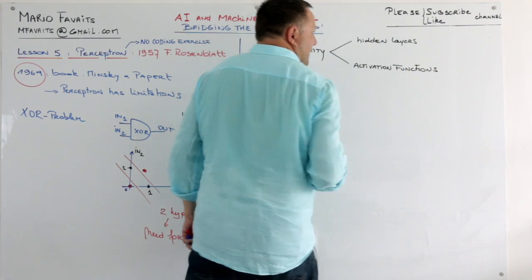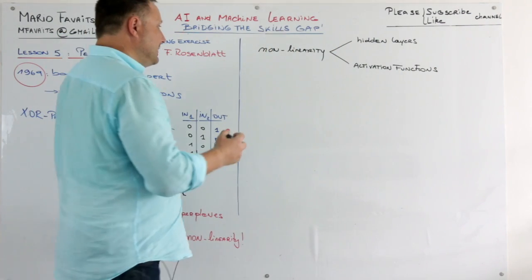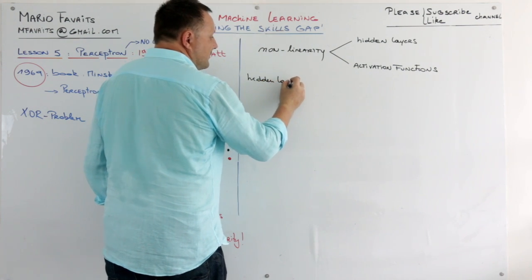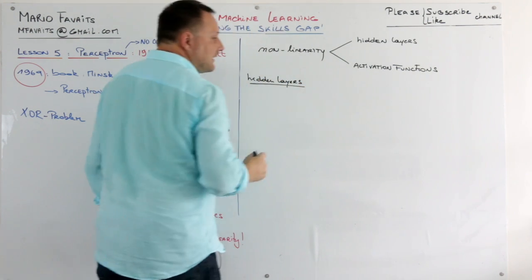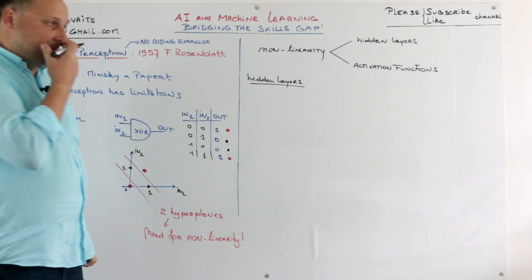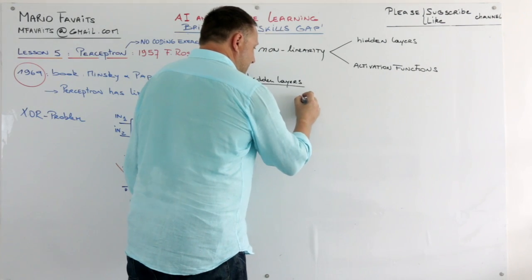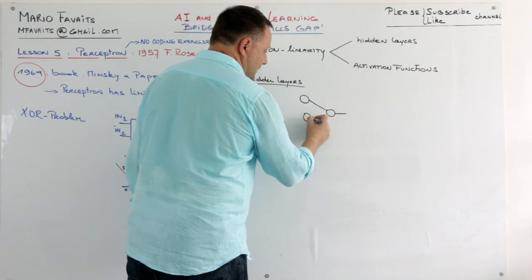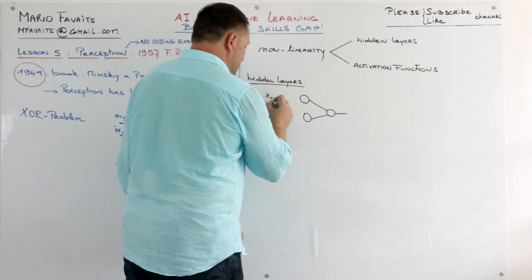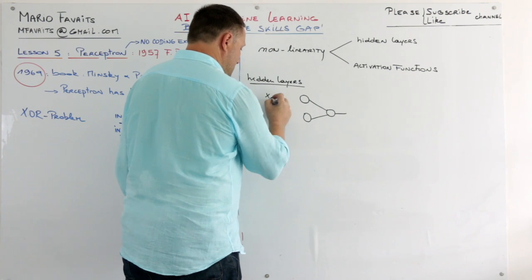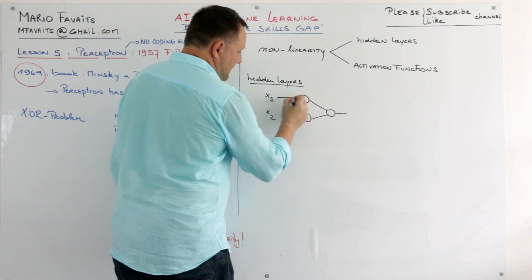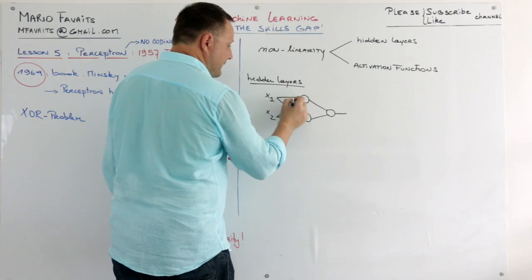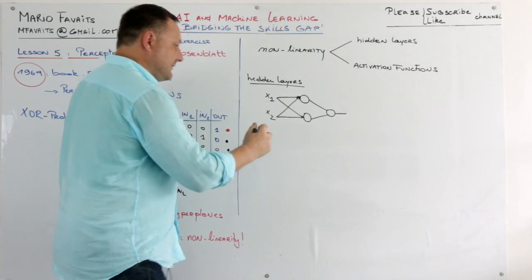Hidden layers automatically means that you have more than one layer. You have a hidden layer here, you have an output, and you have an input, x1, x2. They go in here, they go in there. Like this, so this is the hidden layer.